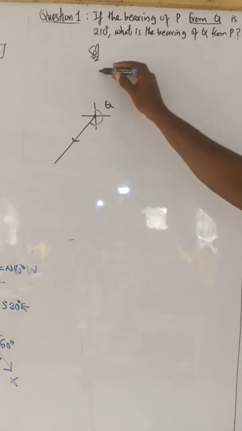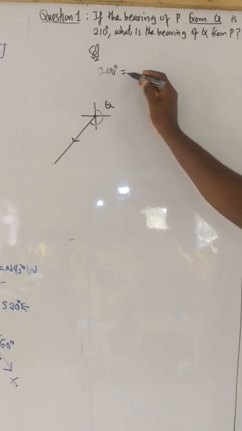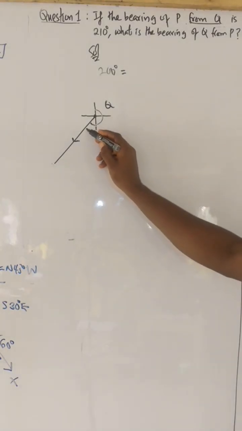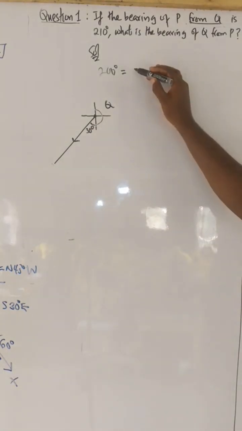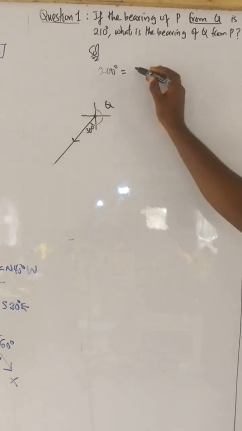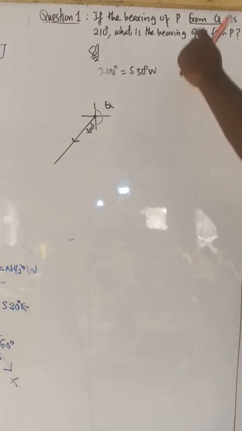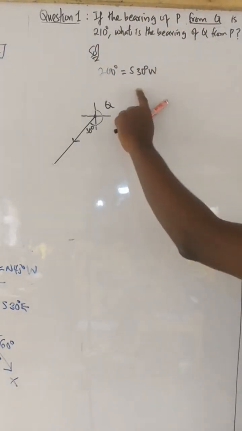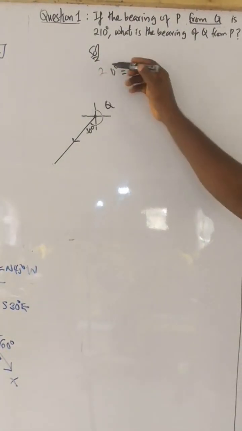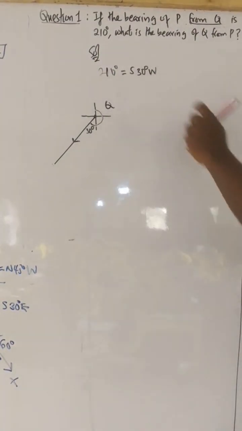So this 210 is actually equivalent to what we have as 30. That's southwest. South 30 degrees west. So the direction of P from Q is actually 210, which is south 30 degrees west.